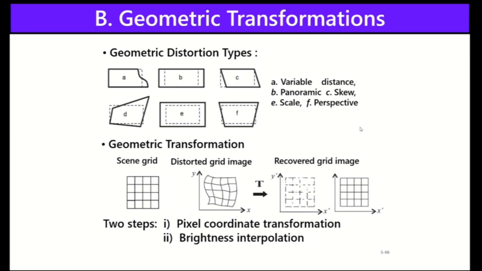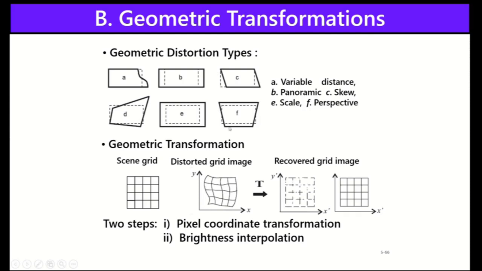Now we need to check various types of distortions in our captured image. For example, in yesterday's problem, we were expecting our image in the scene grid like this. But because of the distance, or because of the vibrations of the manipulator, or camera movement, many times we get a distorted shape like this.